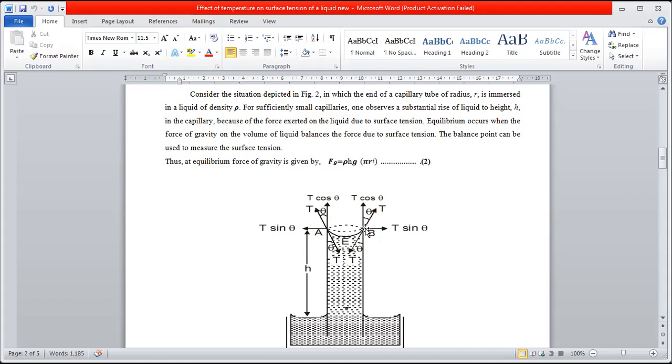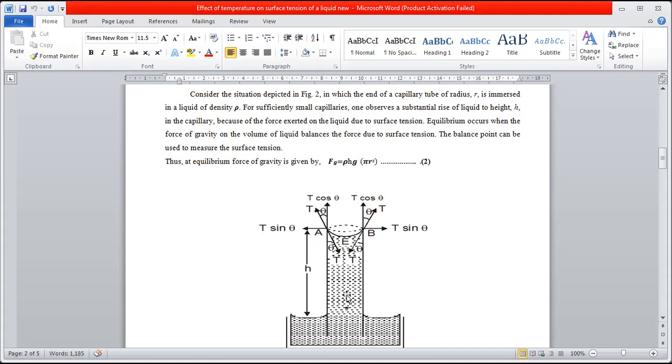This force is resolved into two components. This is the horizontal component T sin theta, and this is the vertical component T cos theta. The same thing happens on this side also. These vertical components, T cos theta, are responsible for the drag of this liquid to a certain height inside the capillary tube.